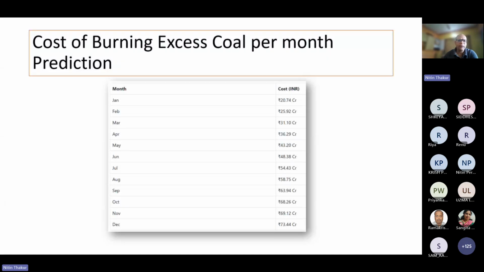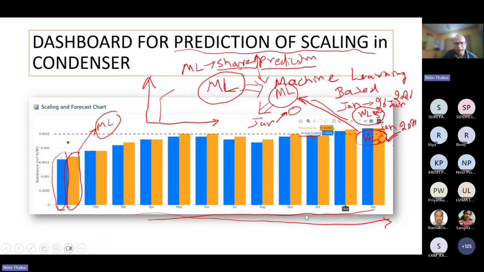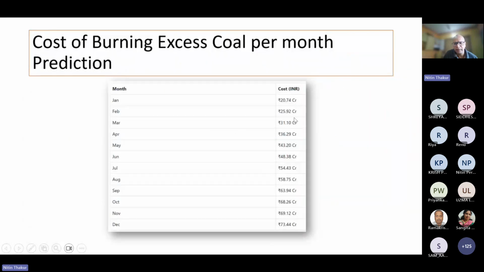So this one was again a prediction. If we are running the power plant at an inefficient or more inefficient conversion of fuel to electricity, then this is the excess coal that we are talking about.